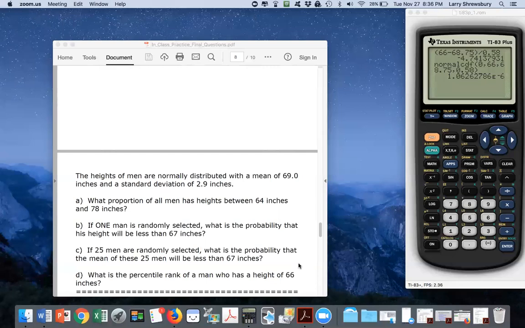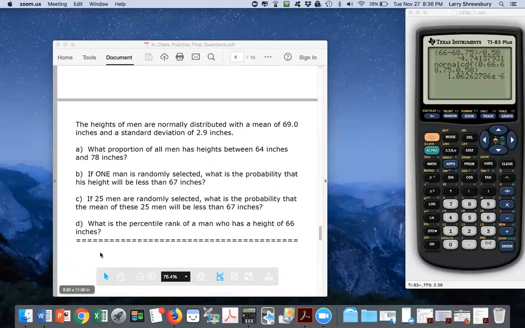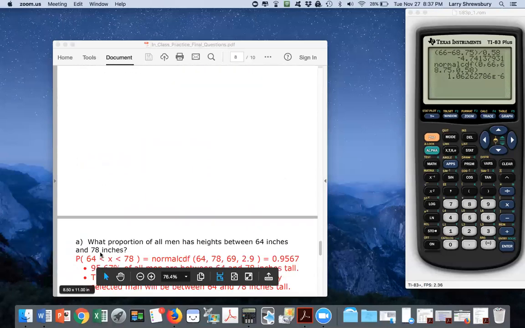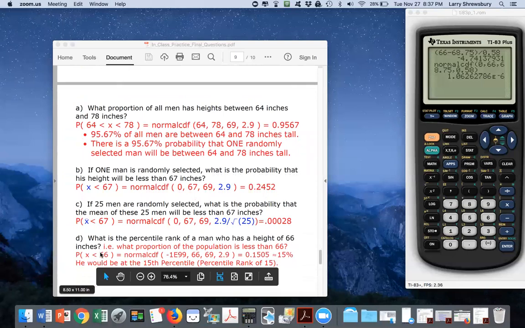So that means for A, B, and D, you'll be using the population standard deviation of 2.9 inches for the spread. But for C, you're going to have to use the standard error, which would be the 2.9 divided by the square root of 25. Okay. So here you can see the work on those.